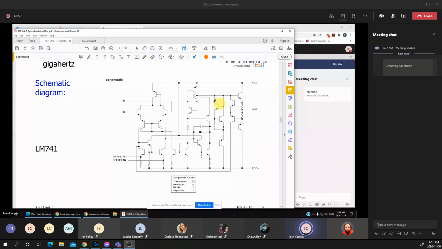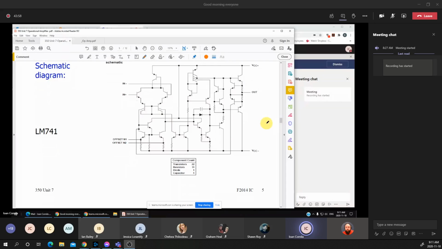Now we'll talk briefly about the schematic diagram, or what is inside of an op amp. You notice that I have some transistors on the output. That is the limitation: when the collector emitter voltage is in saturation, it will become 0.1 or 1 volt or 2 volts.